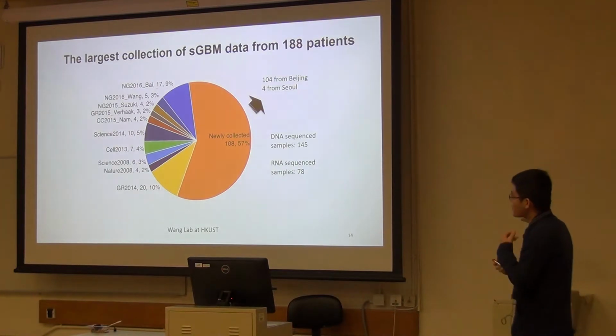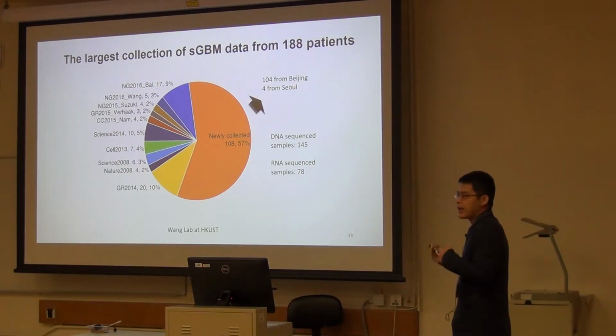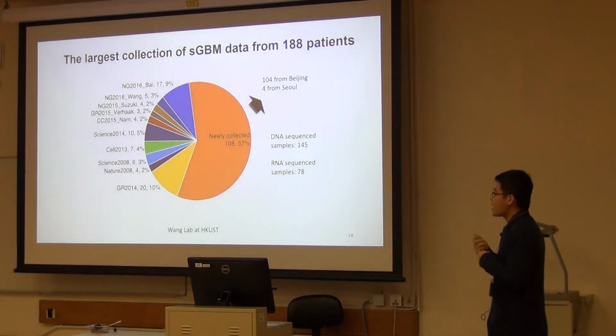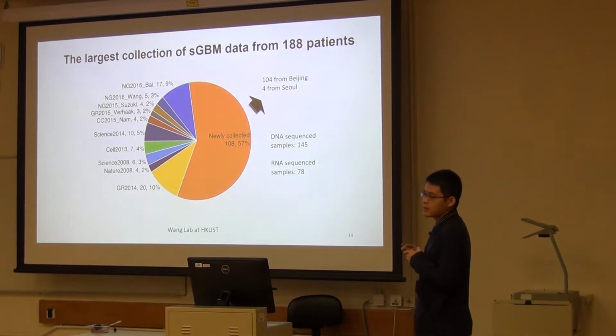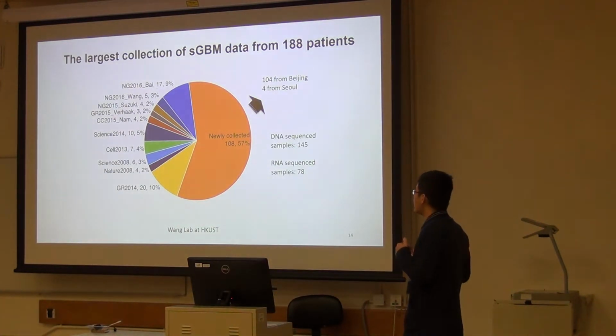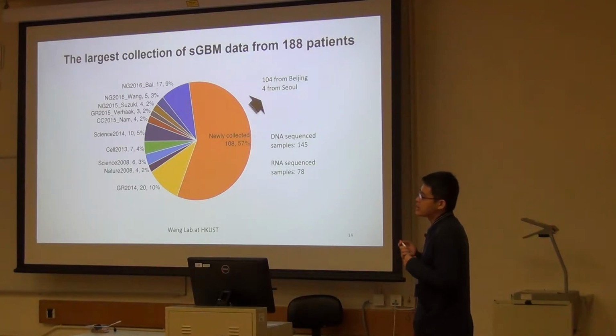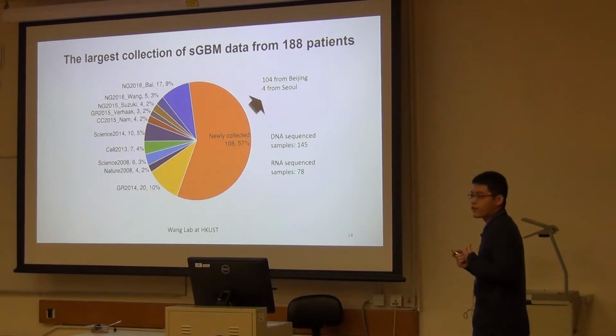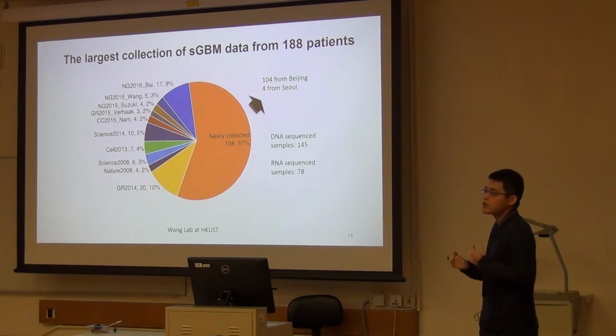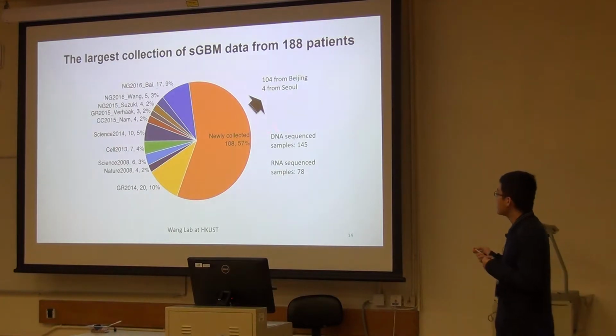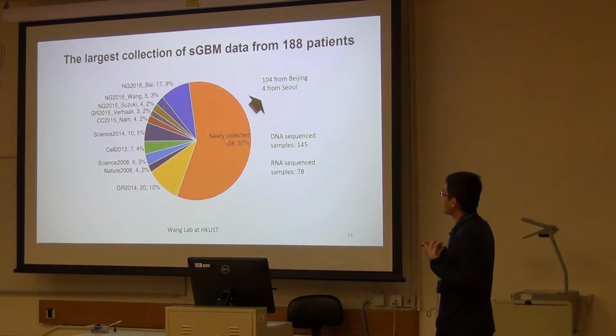Our method is big data collection. When I came back to China, I talked to the largest hospital in Beijing, the Beijing Cancer Hospital. They have the largest cohort from the Chinese population, and they do more than 1,000 GBM surgeries every year. In their cohort, they can easily get the number 108.